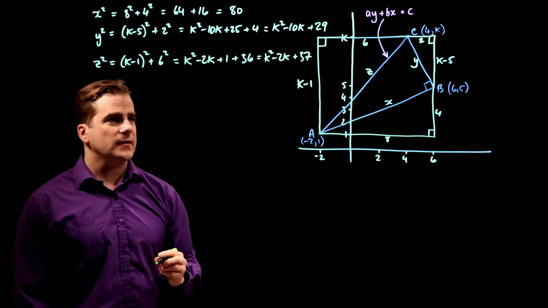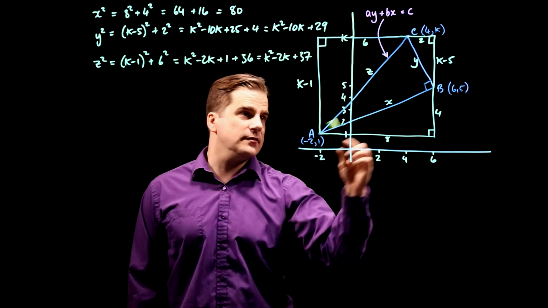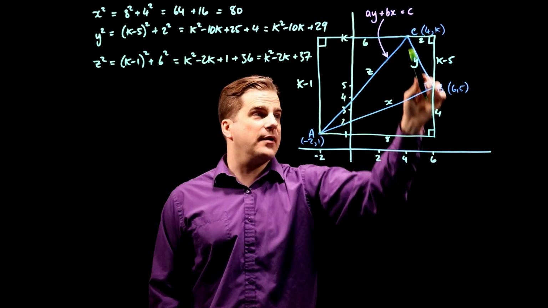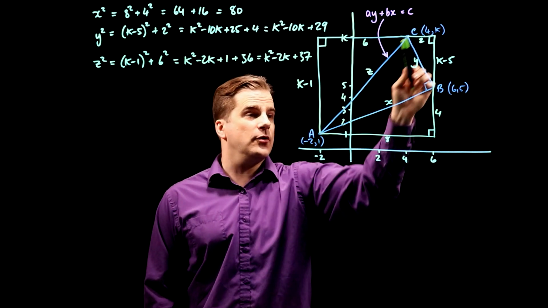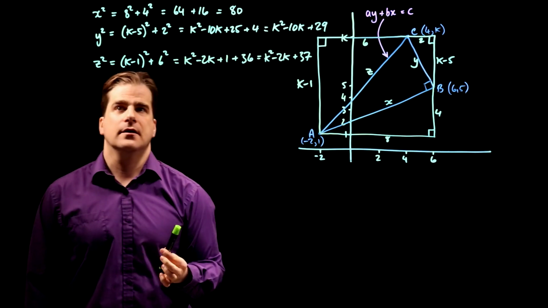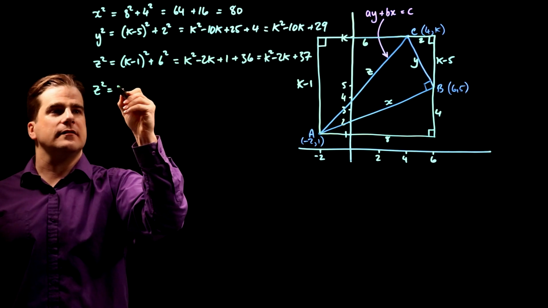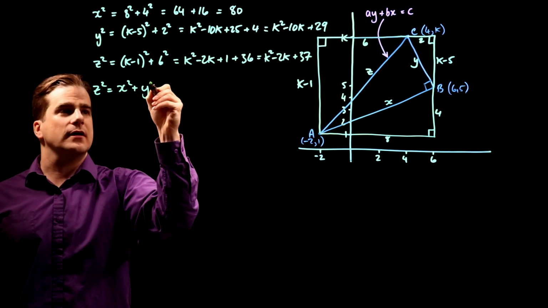Okay, right, now we're ready to say that z squared is equal to x squared plus y squared, applying Pythag to the blue triangle ABC.